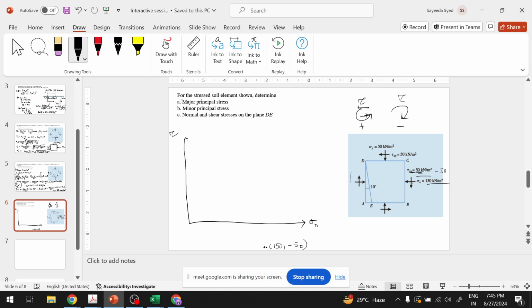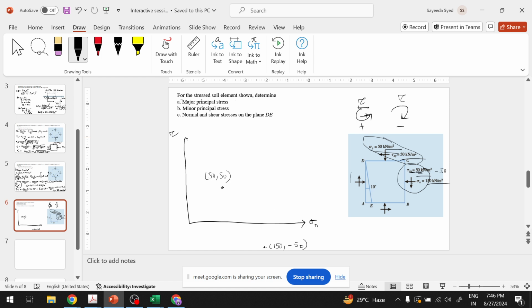This will be the first point, based on stresses in the horizontal direction. Then we will plot this point, which is 50 comma 50, because our shear stress as well as the normal stress is 50.